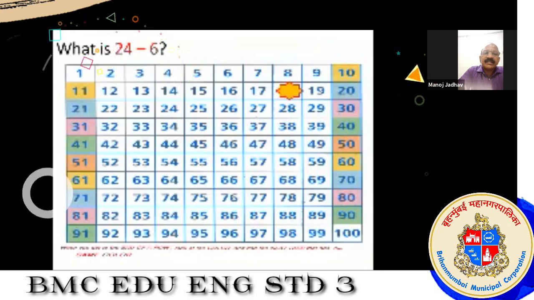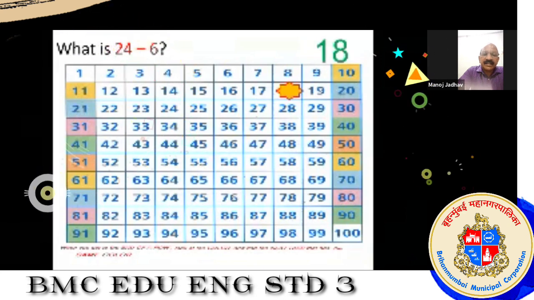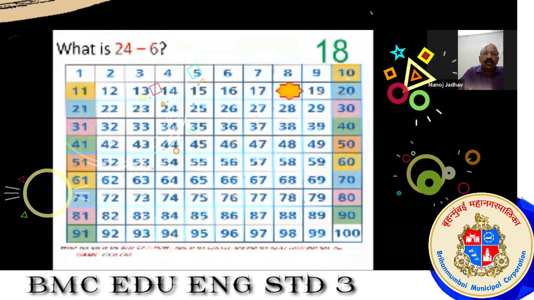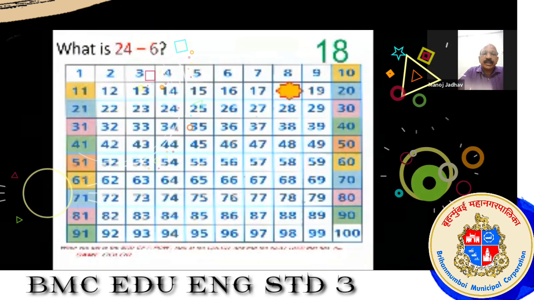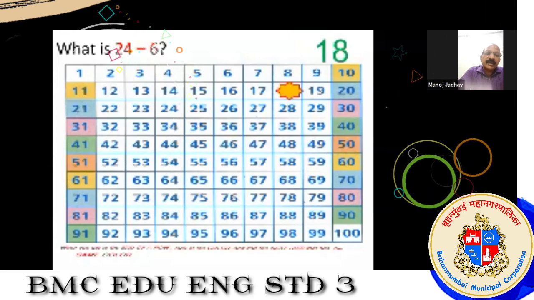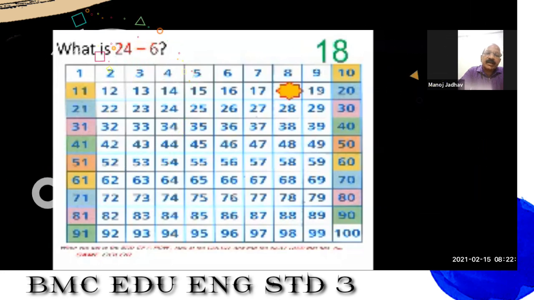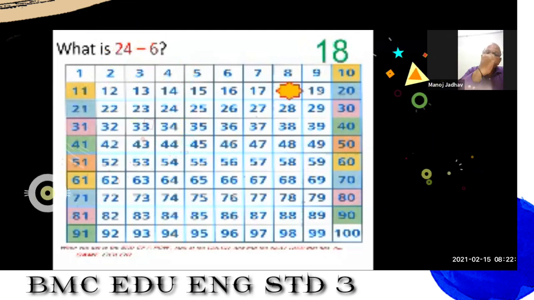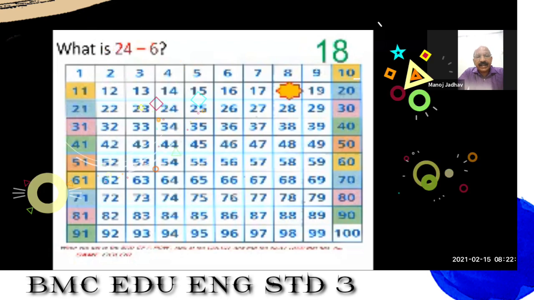Very good. Understand? So the answer is 18. See this yellow star, which was on 24 initially, and then started moving backward. It went to 23, then 22, 21, 20, 19, and finally it stopped at the number 18. So our answer is 18.